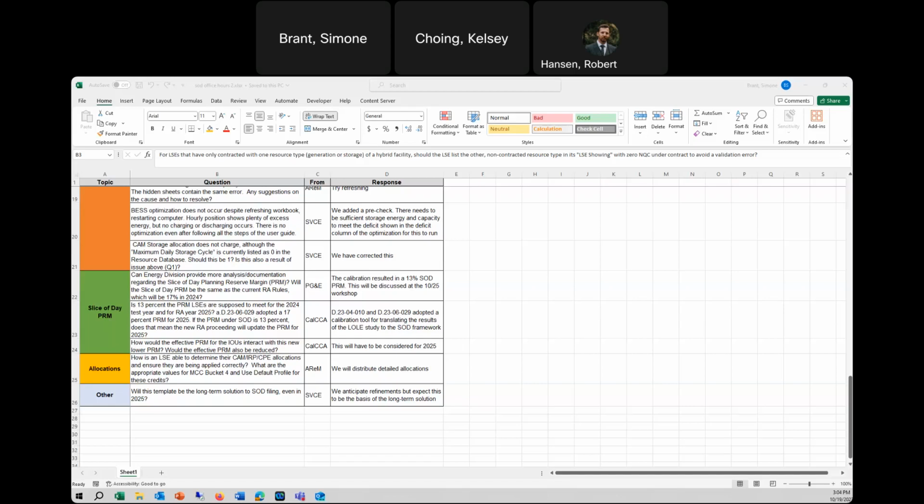Hello, this is Donald Brooks. I wanted to comment on the previous discussion. This is in relation to the 13% slice of day PRM, and I wanted to note that in the 1025 workshop, we may be presenting a different value than that.